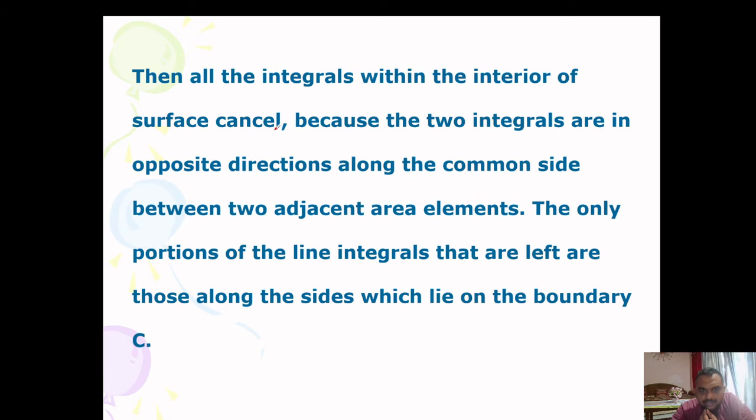But you can see here all the integrals within the interior of the surface cancel, because the two integrals are in opposite directions along the common side between two adjacent area elements.